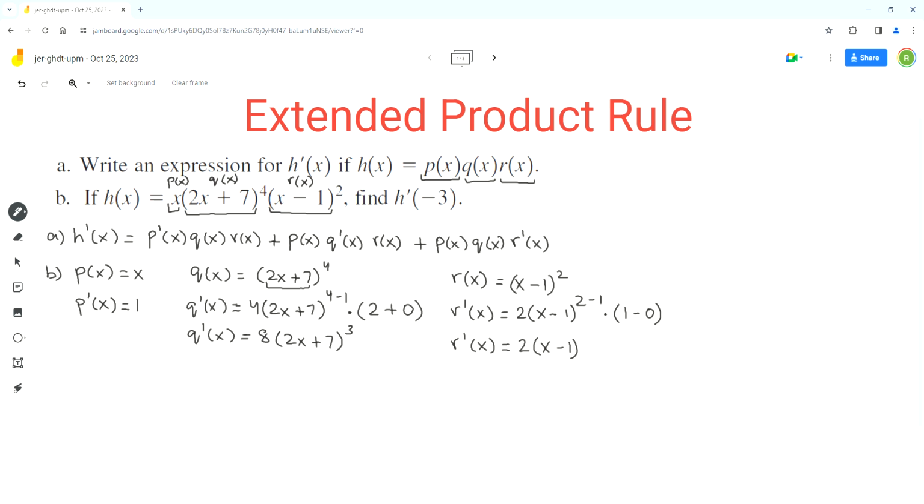So these are the expressions we can use in the h prime at x expression to find h prime at negative 3. So first we'll write the expression for h prime at x.